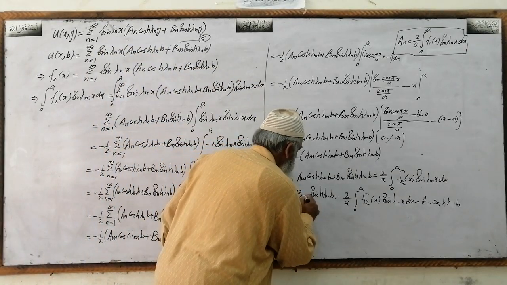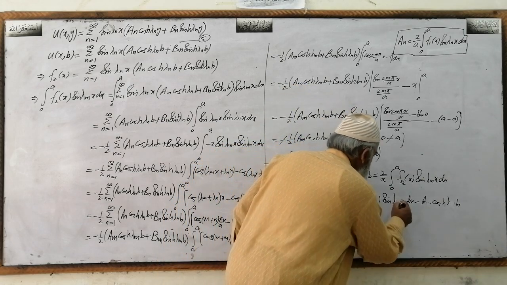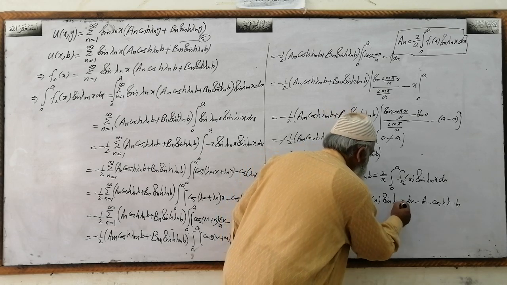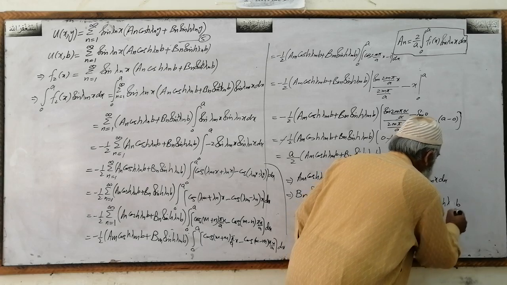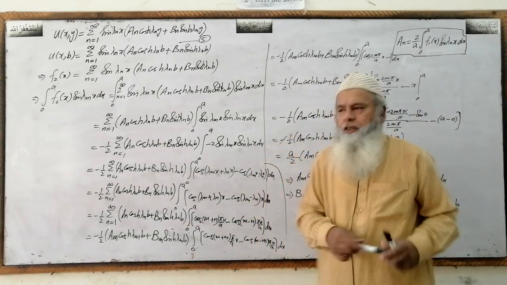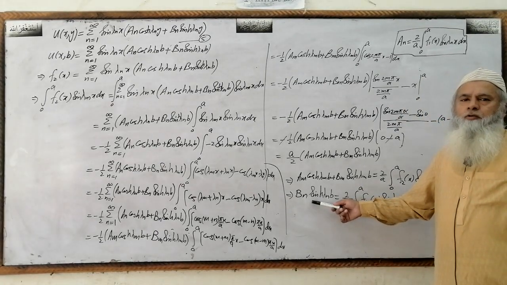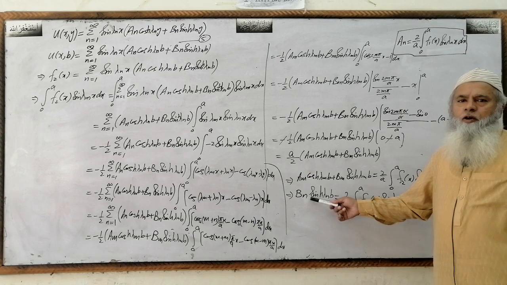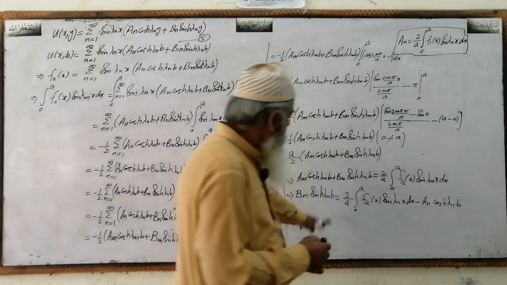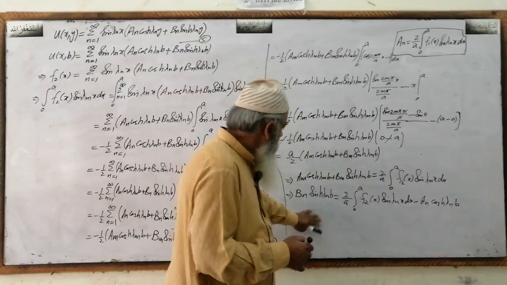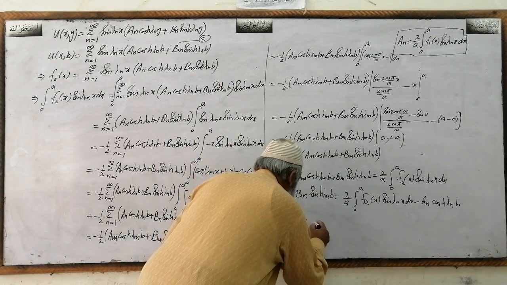This is bn sin hyperbolic lambda nb equal to integral 0 to a f2x sin lambda nx dx minus an cos hyperbolic lambda nb. I think you understand. Here we get the value of bm and we are going to replace m by n in order to get the value of bn. Now look at the steps, because we have less space, therefore please try to understand all the steps.